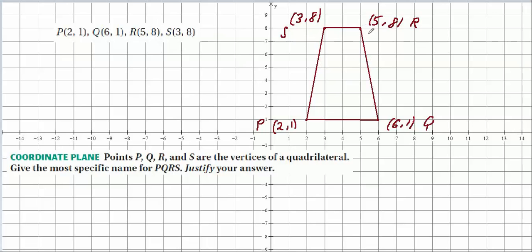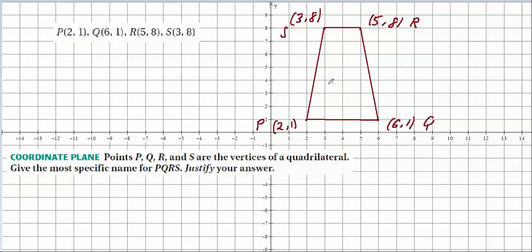Is it a trapezoid? Well, let's see here. Y coordinate here is 8, y coordinate here is 8. That means this is horizontal. Y coordinate's 1, y coordinate's 1. This is horizontal, so we have these two opposite sides are parallel.